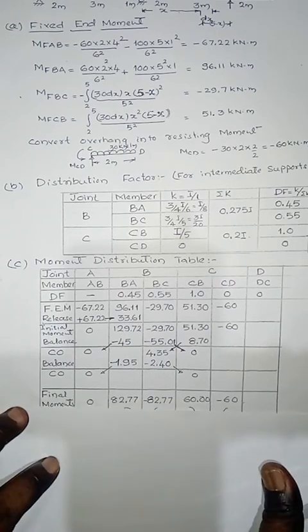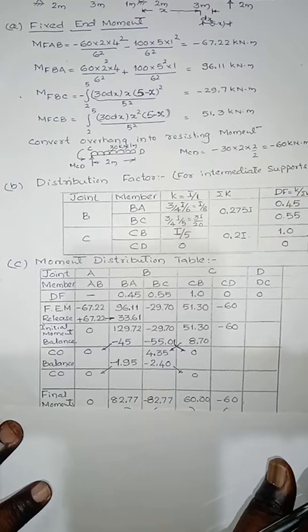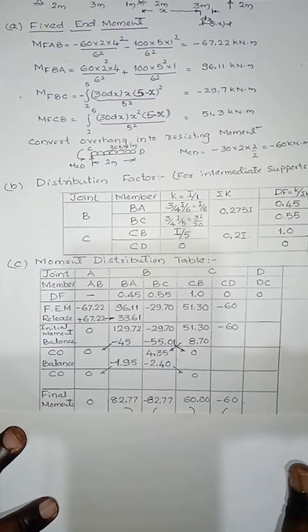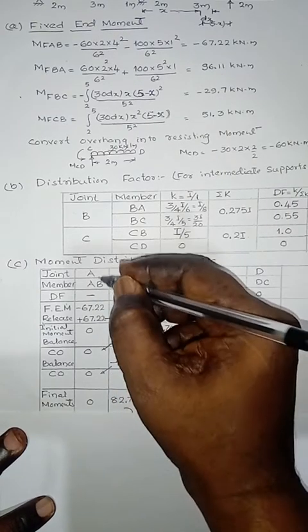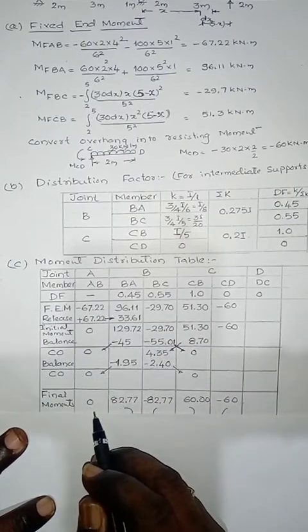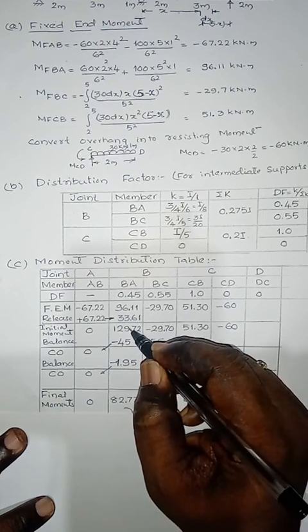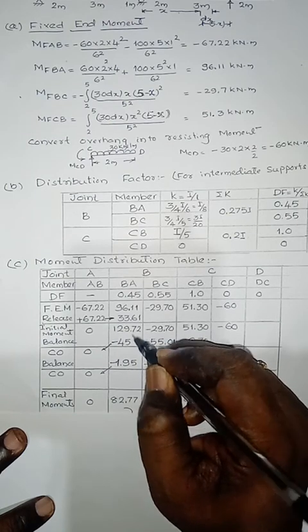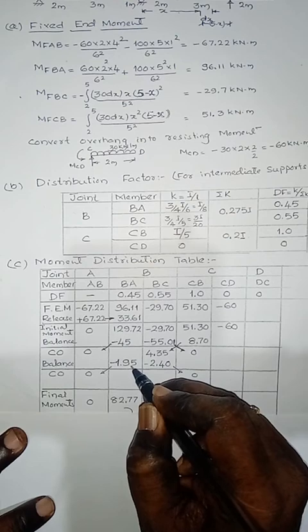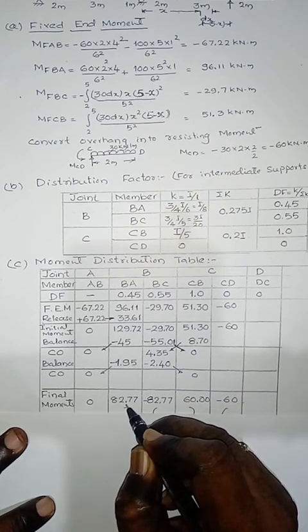Then the final moments. If there is no carryover, then there is no need of balancing. The unbalanced moments at B and C are 0. Therefore, by adding all these in the vertical column, the final unbalanced moment is 0. By adding the initial moment 129.72 minus 45 minus 1.95, we get 82.77.